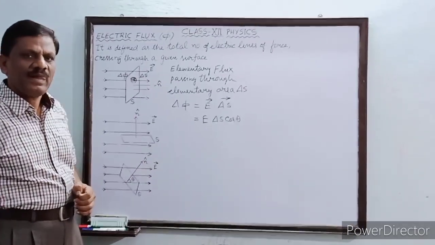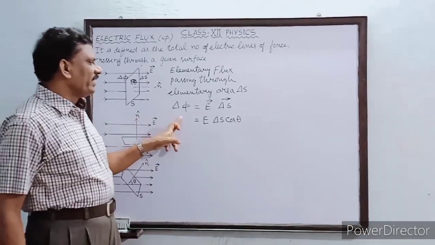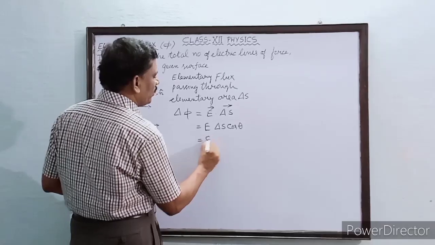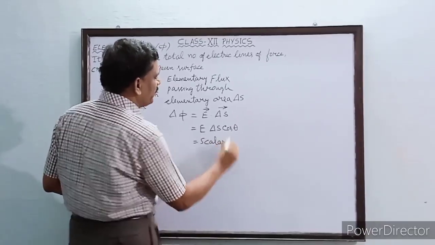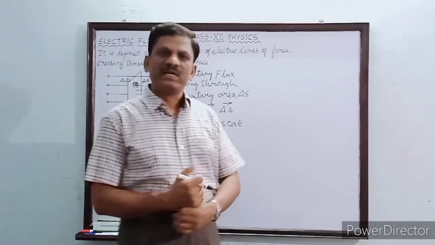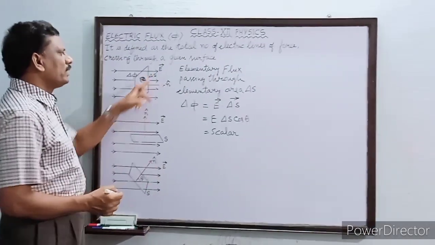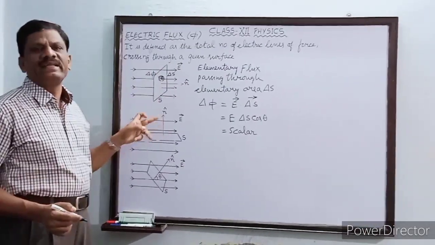Is it not? So delta phi is a dot product of two vectors, and hence this must be equal to a scalar quantity.